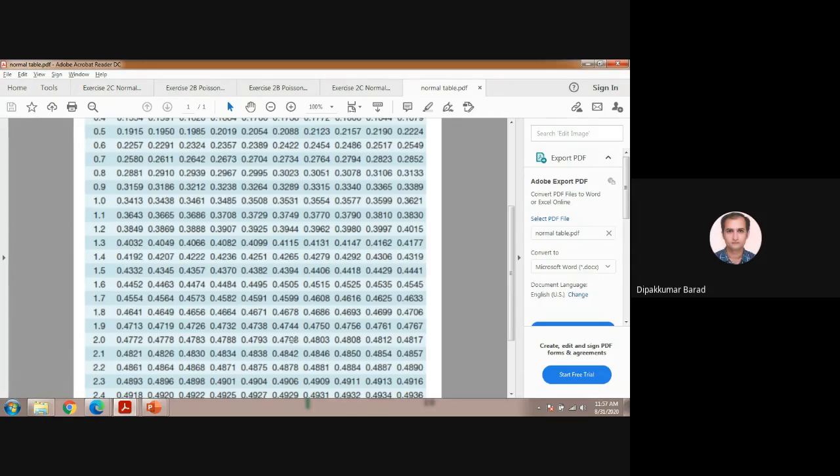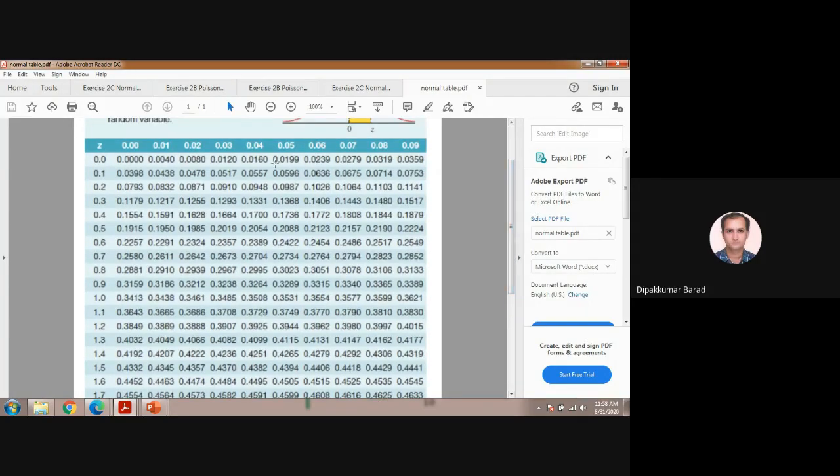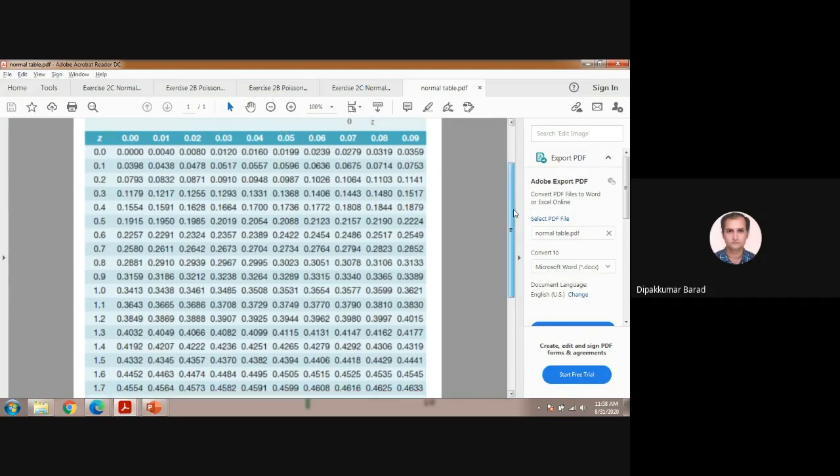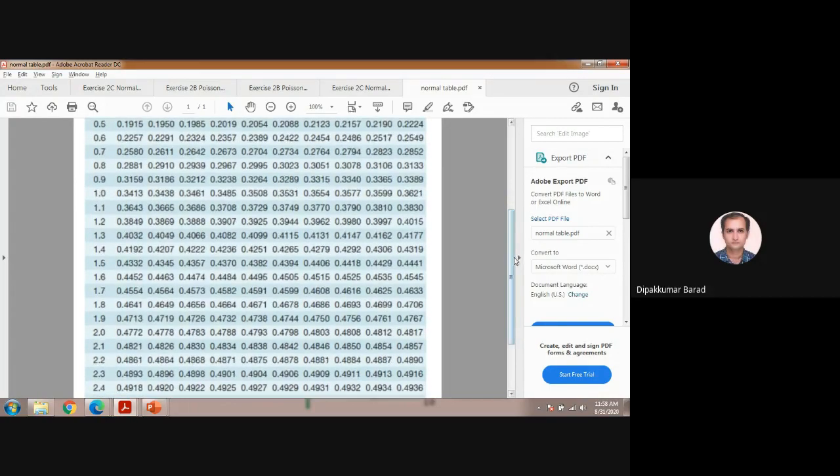So for this, I have to look in this row, which is 2.0, and then add the first decimal point from this column, which is 0.05. So 2 plus 0.05, I get 2.05. This is 0.4798, which is near to 0.4800.